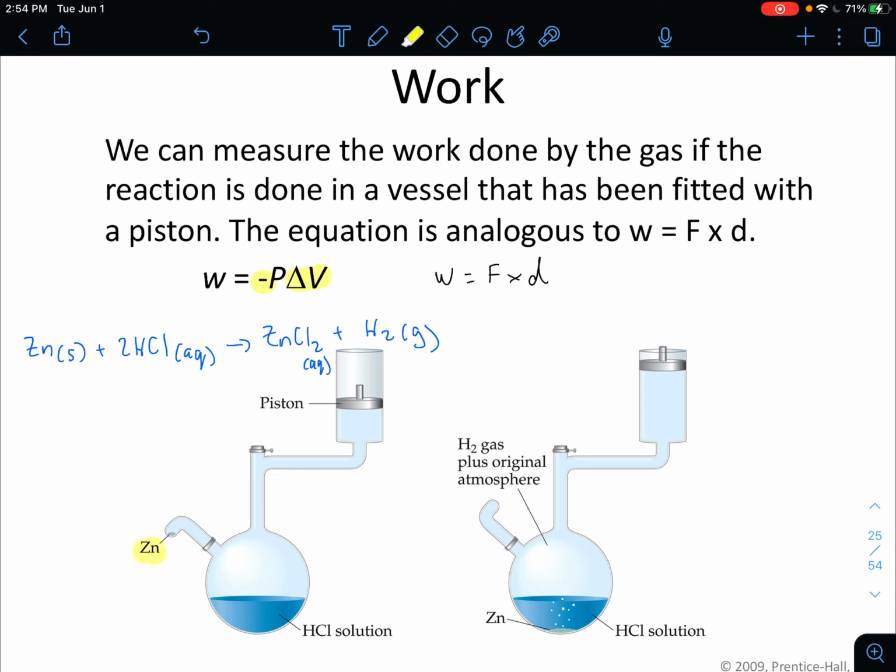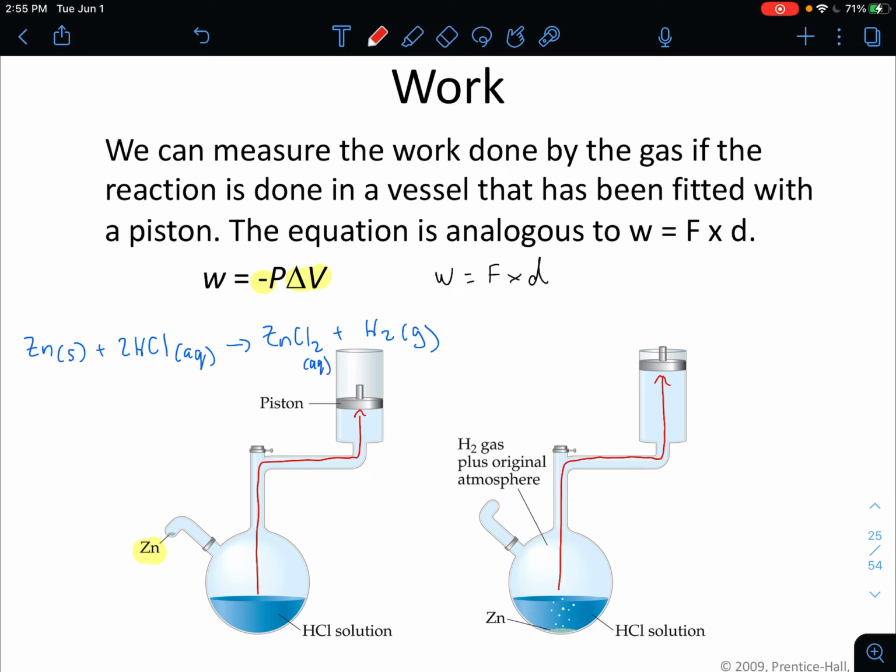In this picture, we've got some zinc metal, and we dump it into our aqueous hydrochloric acid solution, and as this equation describes, the hydrogen gas that gets produced is going to find its way up to the piston, and what you see in the later picture is it substantially pushed the piston outward.